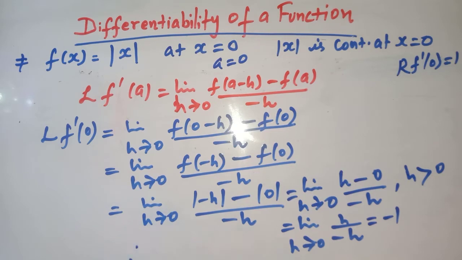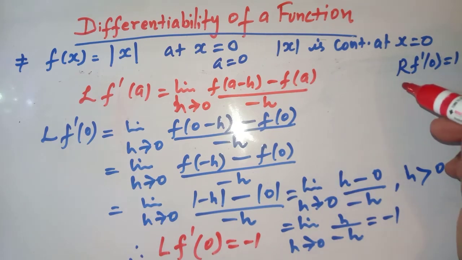So therefore the value of the left hand derivative of the absolute value function at x is equal to 0 is minus 1.